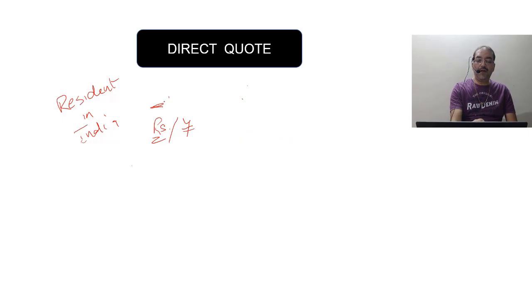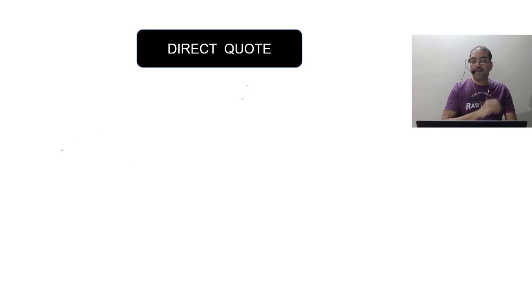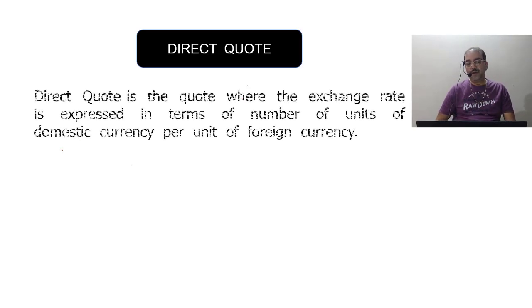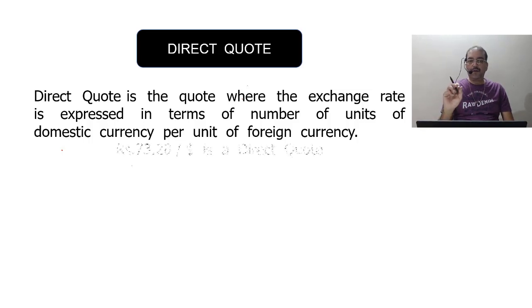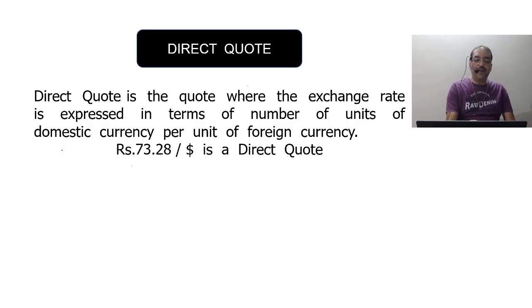Okay, any difficulty? Have you understood? Okay, so now definition. Direct quote is that quote where the exchange rate is expressed in terms of number of units of domestic currency per unit of foreign currency. So when I say rupees 73.28 per dollar, it is a direct quote. My domestic currency is rupees.